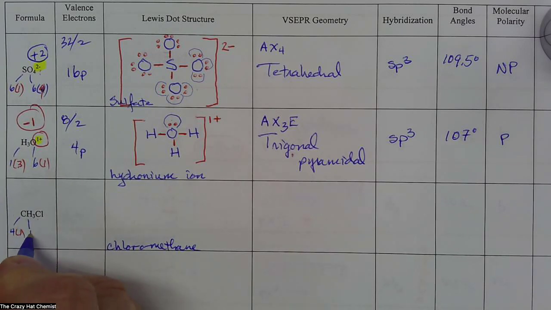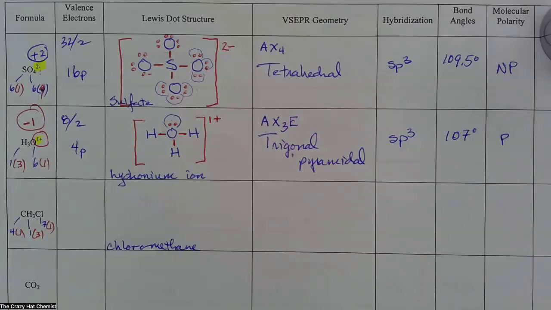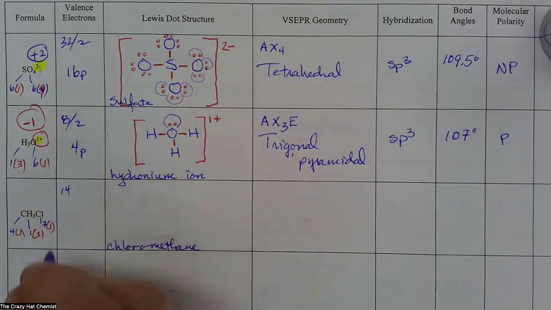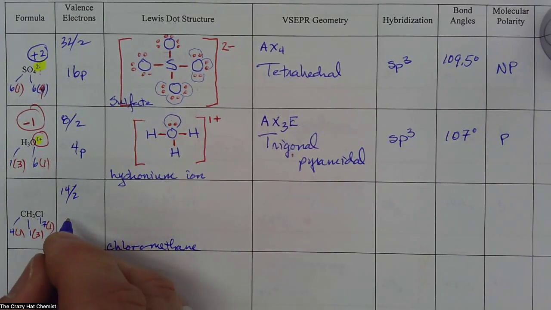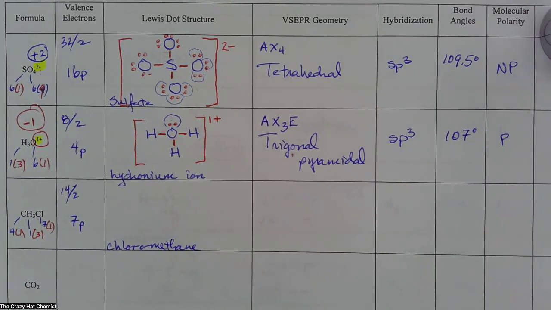Hydrogen has 1 valence electron, of which there are 3. And chlorine has 7 valence electrons, of which there is 1. That's 14 electrons divided by 2, so I got 7 pairs of electrons.